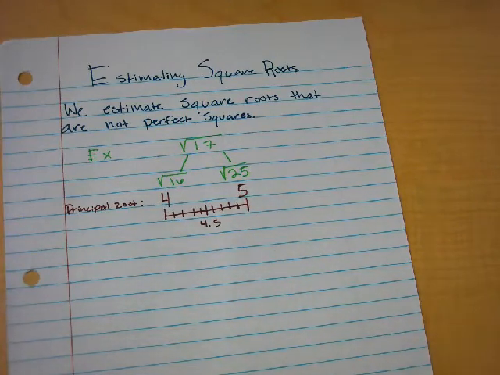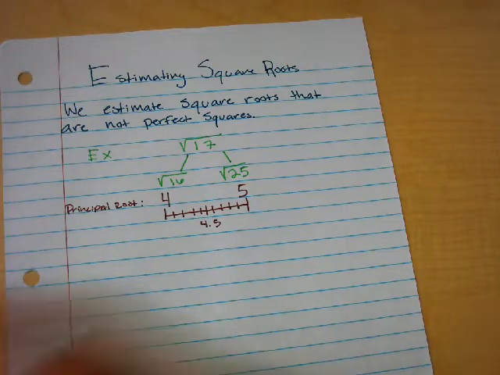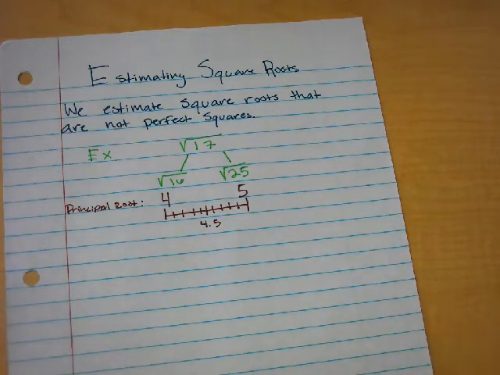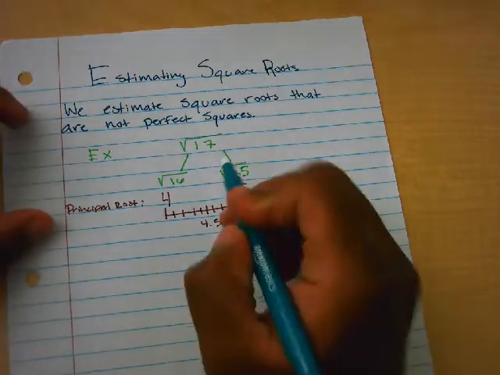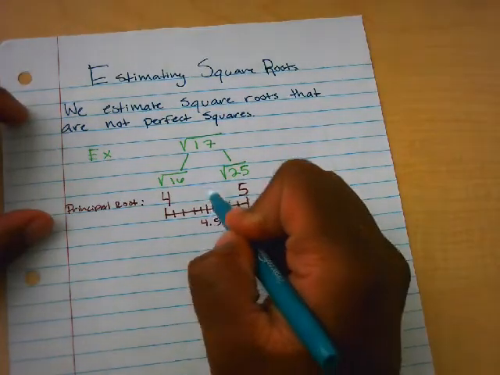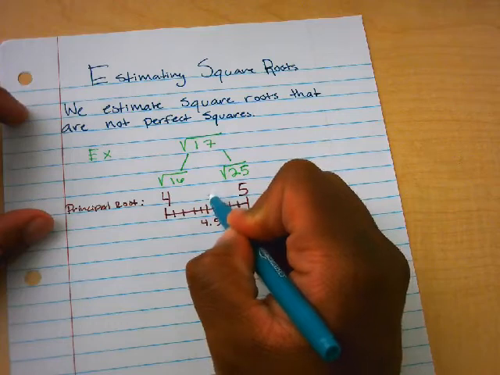Now I have to think about which one it's closer to. If I look at the square root of 17, you notice that it's right after 16. So this number is likely going to be closer to 4 than it is to 5. If it was halfway in between the two, I would say that number is around 4.5.